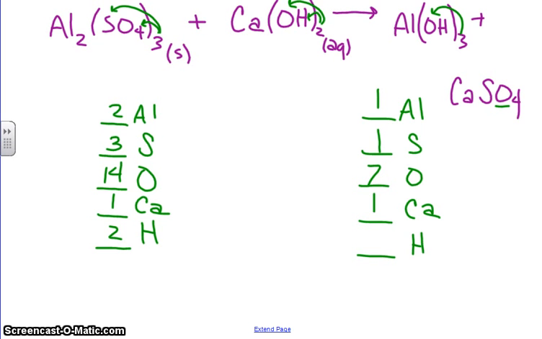Calciums? 1. And hydrogens? 3. Oh, sorry, 3. I was looking at the wrong place. Okay. So, we have a few things that are not balanced. Aluminum, sulfur, calcium are balanced, but oxygen and hydrogen are not.